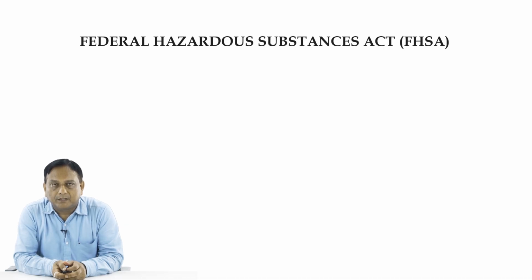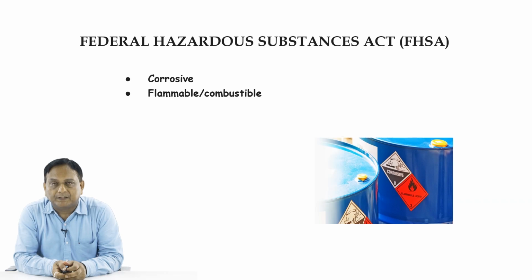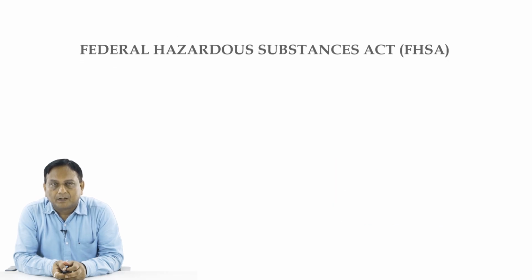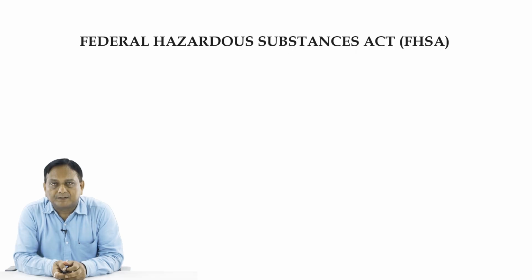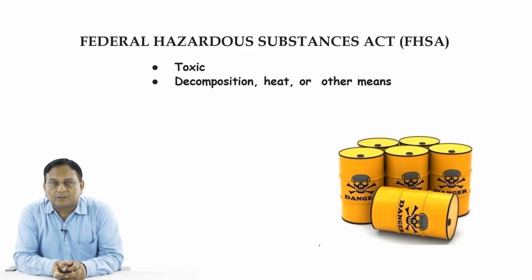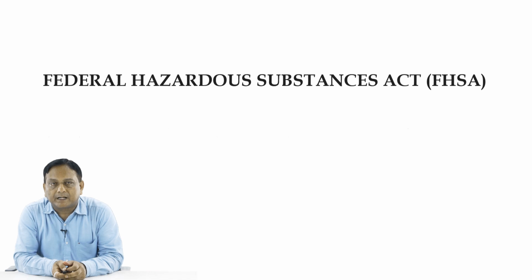Now, the second regulation is the Federal Hazardous Substances Act, or FHSA. It is applicable to corrosive material, flammable and combustible material. The FHSA talks about the toxicity, decomposition of the product, heating of the product and other means. Those are covered under this FHSA category.